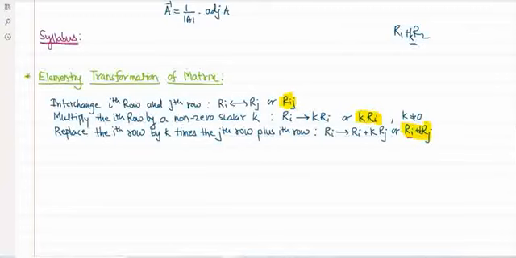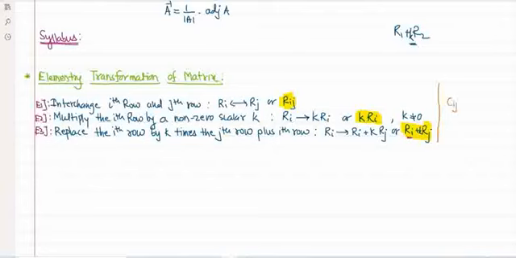These are the elementary transformations. The first elementary transformation I will denote as E1, the second as E2, the third as E3. These are elementary transformations related to the row. In the same manner, you may write elementary transformations for the column. First, you can interchange any two columns as per your requirement.